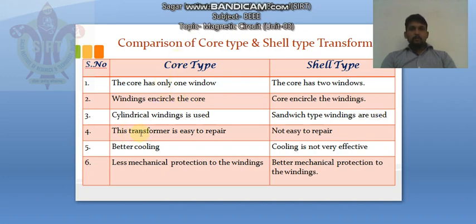Core type transformer is easy to repair, but shell type is not easy to repair. In core type it has better cooling, but in shell type cooling is not very effective. In core type there is less mechanical protection to the winding, but in shell type there is better protection to the winding.